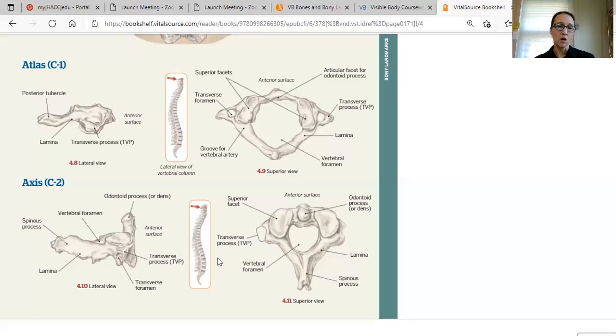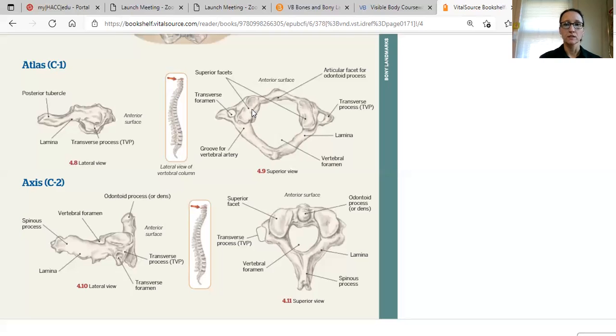Now, this odontoid process, or dens, fits right here. See that? So C1 will sit over top C2 like this, okay? And it's called the axis because C1 is going to be able to rotate on C2, right on that dens. So you can do movements like this, okay?